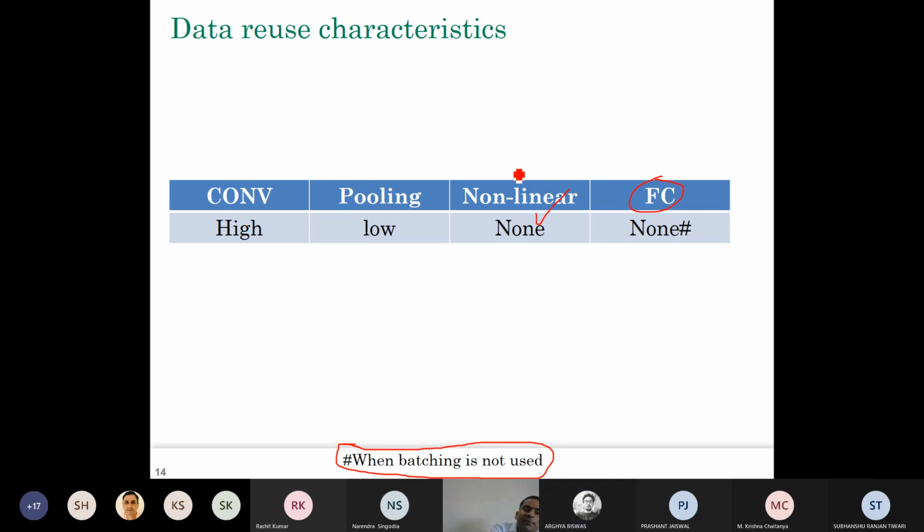You can supply maybe 10 images simultaneously. Because for every image all the layers have to be applied, instead of applying your first layer on only one image, you can apply it on many images simultaneously. If you supply 10 input images, you will get 10 different answers at the end. That is called batching.